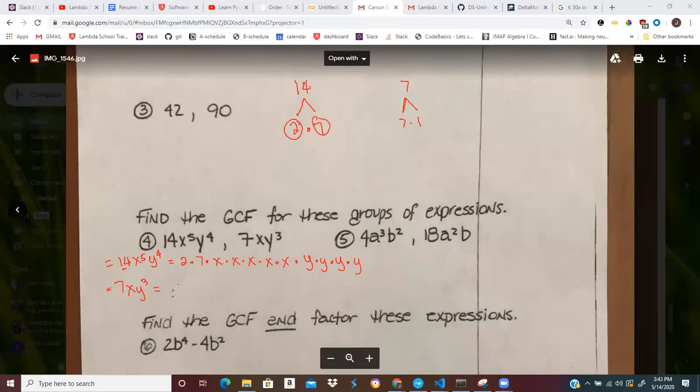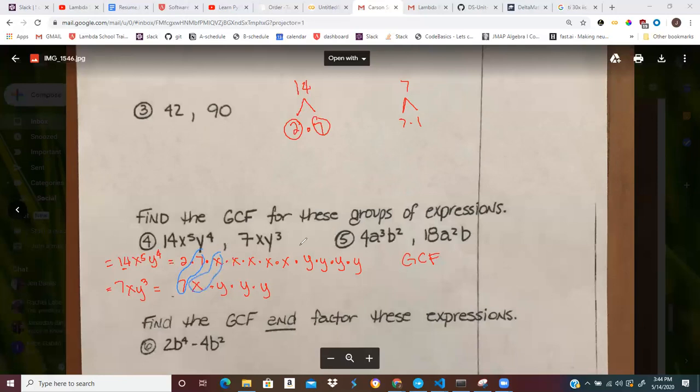We do the same thing with this. So you have 7. There are no factors of 7 other than 7 and 1. You have 1x, and then you have 3 y's. All right, so for the GCF, whatever is common on both, you will circle. So now you have a common 7, that's 1. You have 1x.